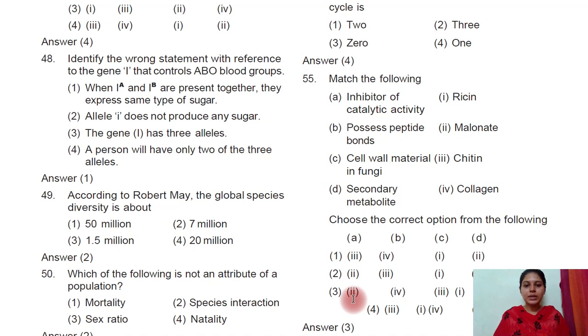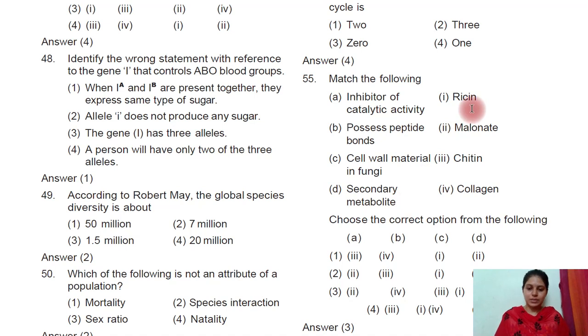So we know inhibitor of catalytic activity is what? You have malodipine. Possesses peptide bond, collagen only they possess peptide bond, and collagen is spread all over the animal tissues, right? Animal body. Now cell wall material. So here the cell wall material of fungi is chitin only. That's a direct answer.